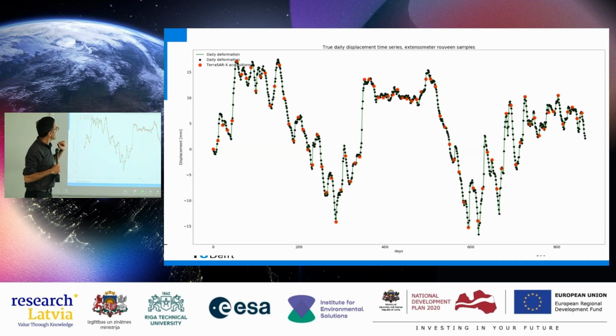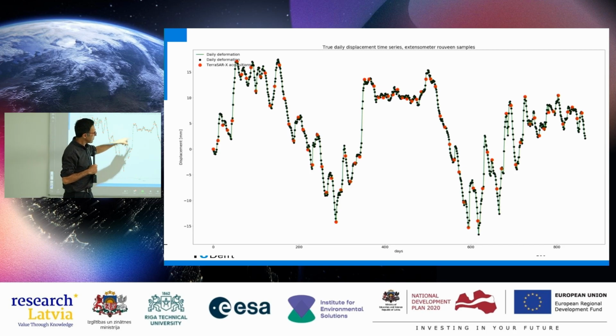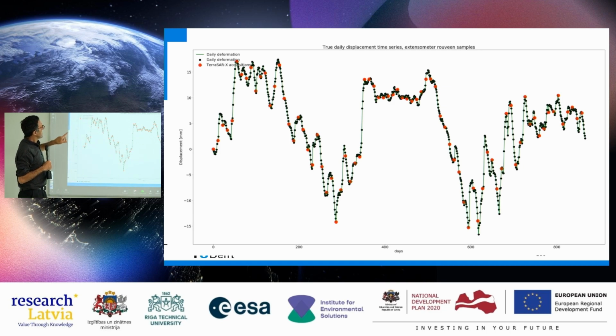Now the black dots are what I get if I have daily observations. So then every day I can more or less sample the green signal. That's okay. But if I have satellite observations, and here I use TerraSAR-X, that is every 11 days, very similar to Sentinel, I would have only the red dots every 11 days. If you look at only the red dots, you can see that it already becomes very difficult to follow all the peaks.